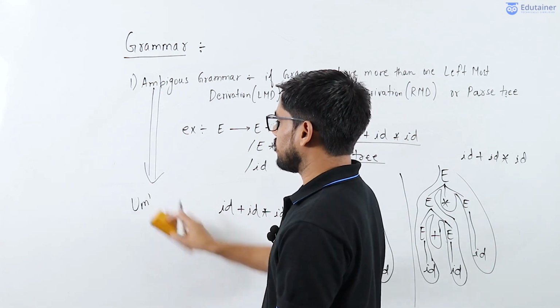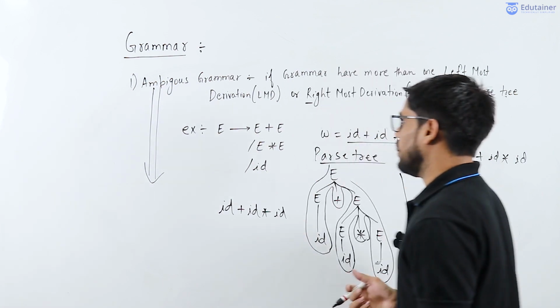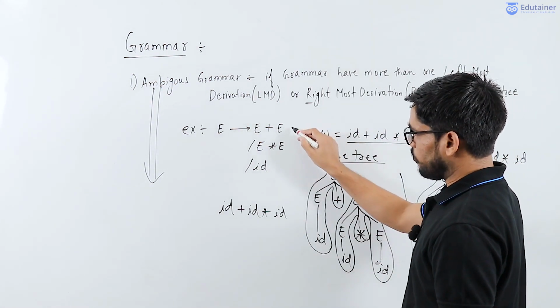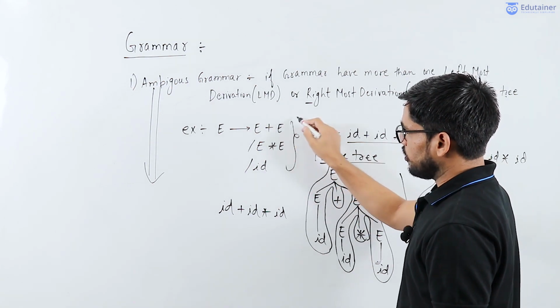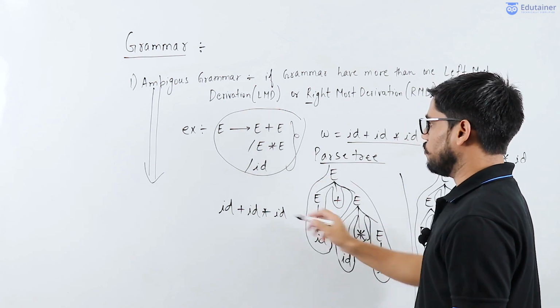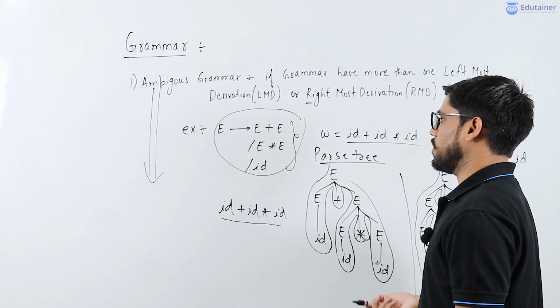What is unambiguous grammar? In unambiguous grammar, we have only one leftmost derivation or rightmost derivation or parse tree for any string. Like this grammar, if you convert it into unambiguous, then for any string you will get only one leftmost derivation or one rightmost derivation or one parse tree.